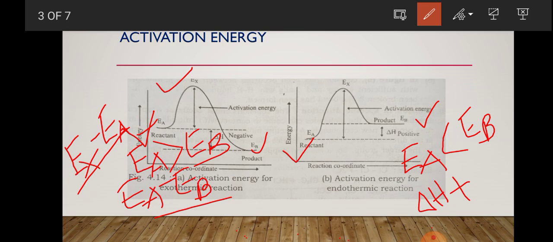And in endothermic reaction, the potential energy of reactant is less than potential energy of product, and here excess energy is absorbed to occur the reaction, and that's why delta H's value here is positive, and this type of reaction is called endothermic reaction.